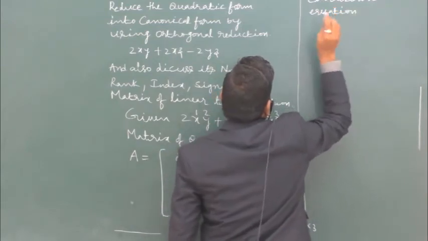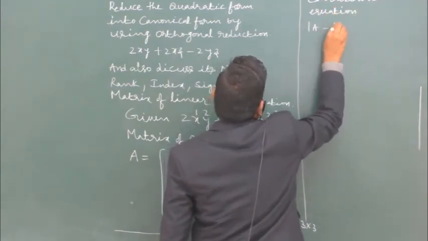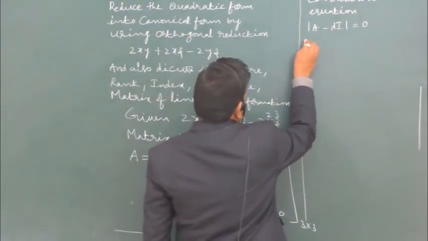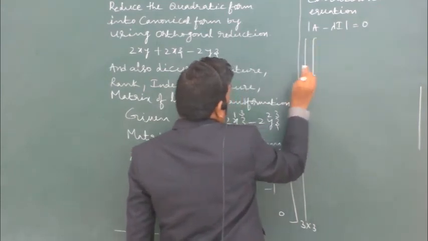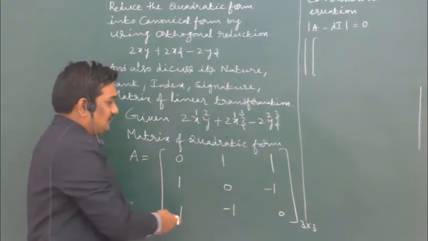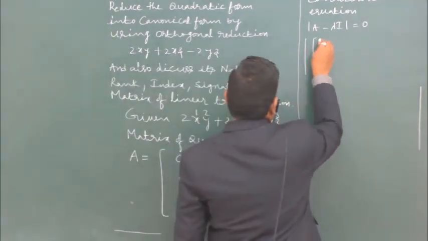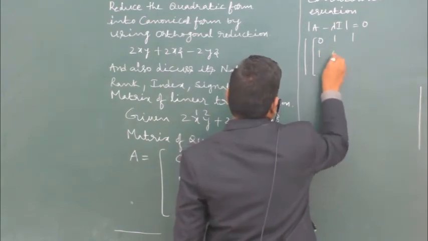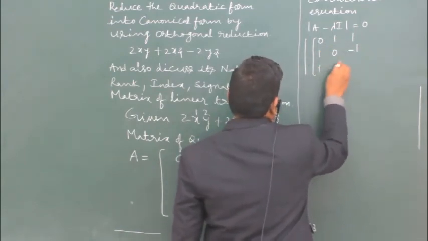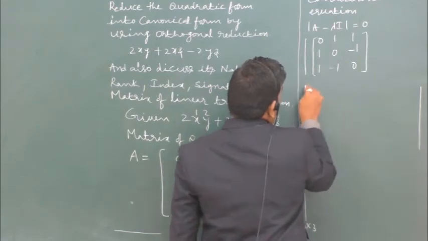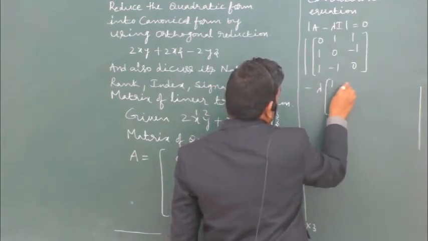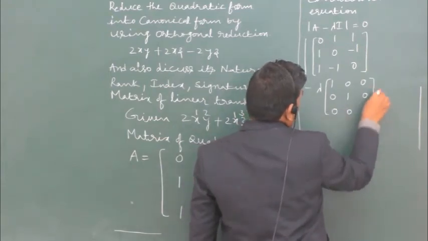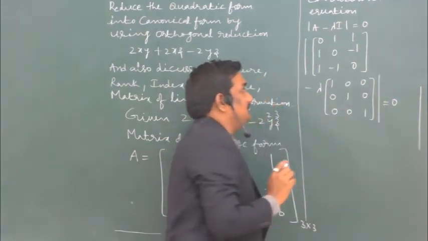The characteristic equation formula is determinant of A minus lambda I equals 0. Here A is the matrix of quadratic form: 0, 1, 1, 1, 0, minus 1, 1, minus 1, 0, minus lambda into 1, 0, 0, 0, 1, 0, 0, 0, 1, equals 0.